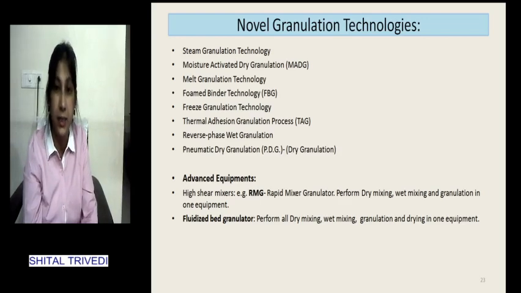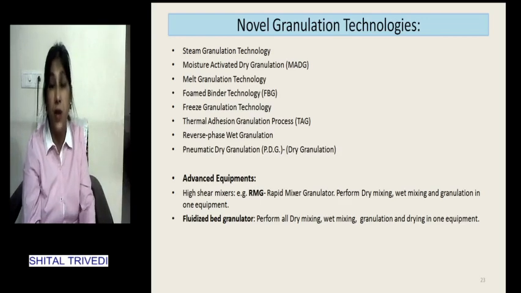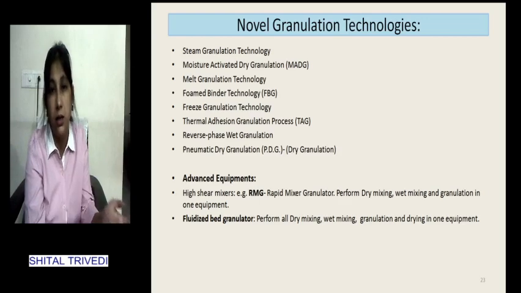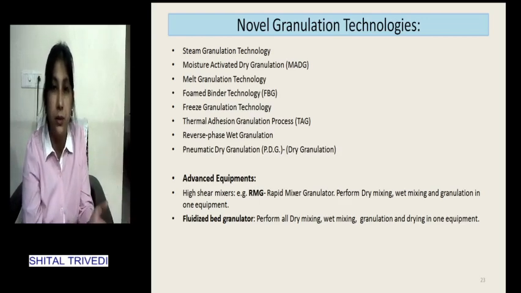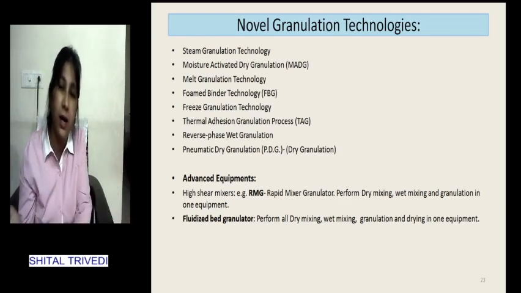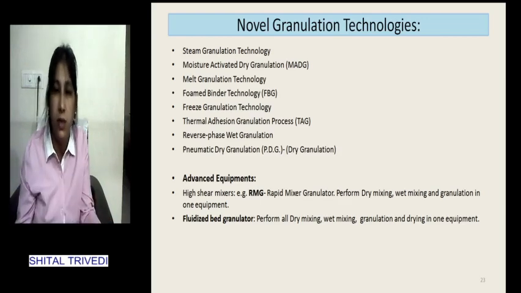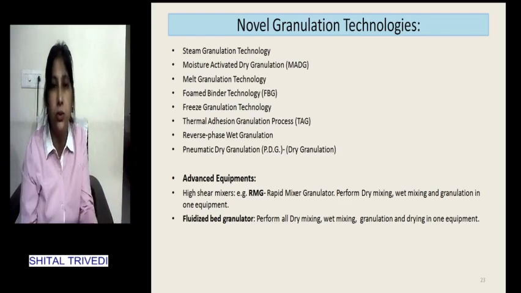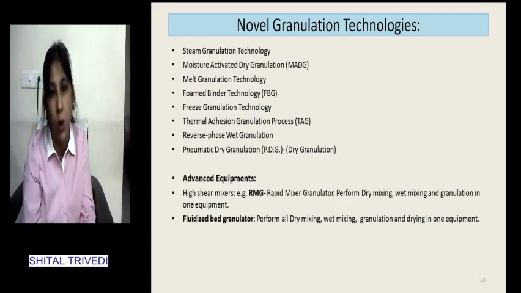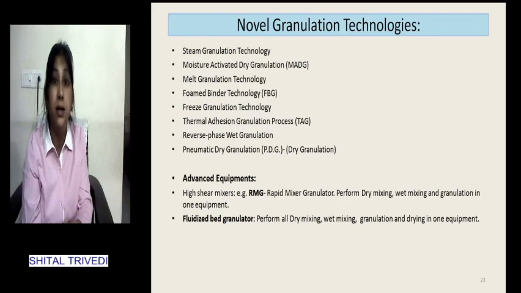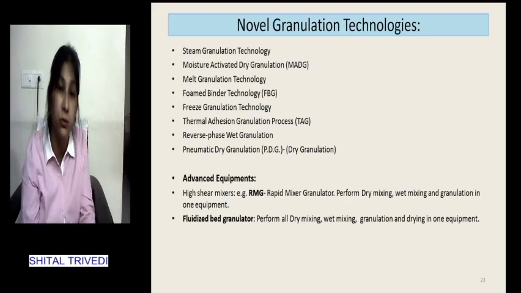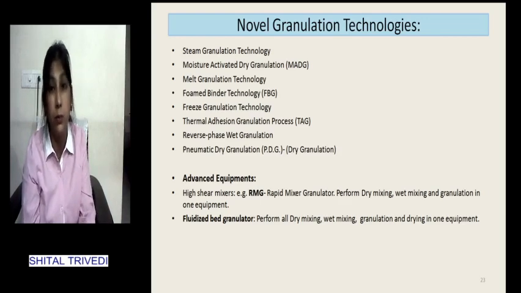And as I said, the availability of high shear mixers like rapid mixer granulator eliminates performing wet massing, wet milling and dry mixing steps in different equipments. All these steps can be done together in one equipment, so that minimizes the time for transfer from one equipment to another, and the variables which are required to be controlled will also be less.